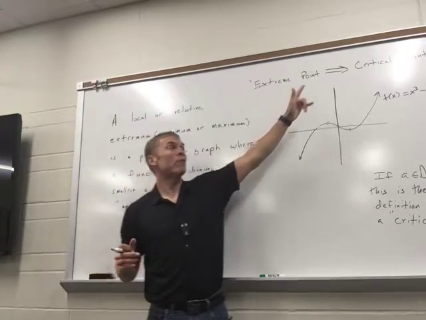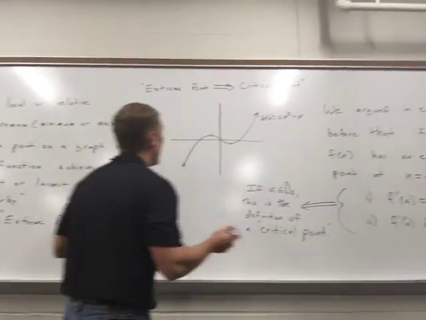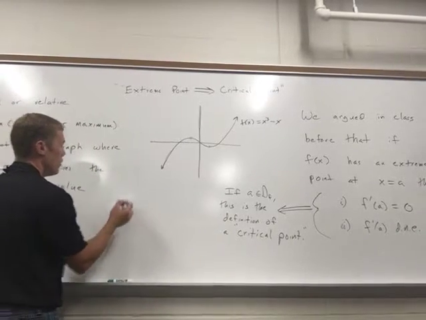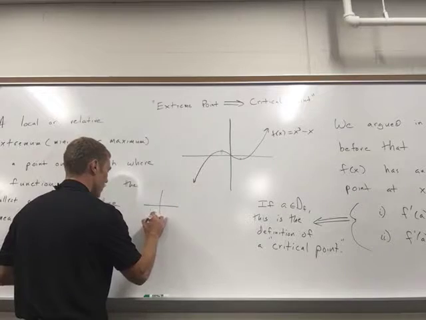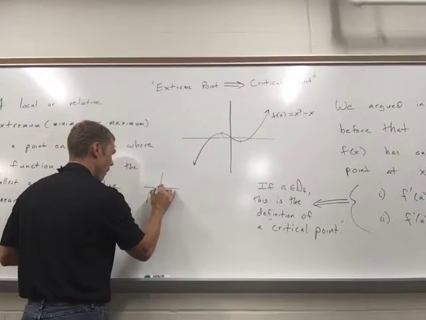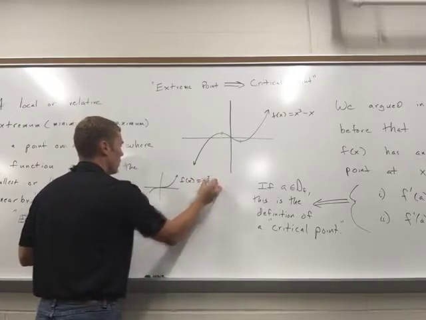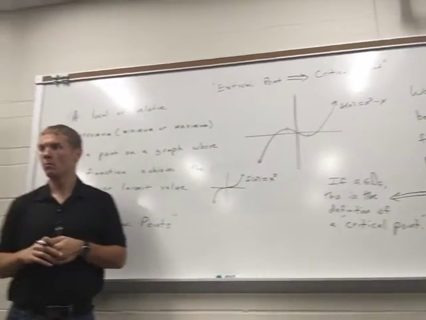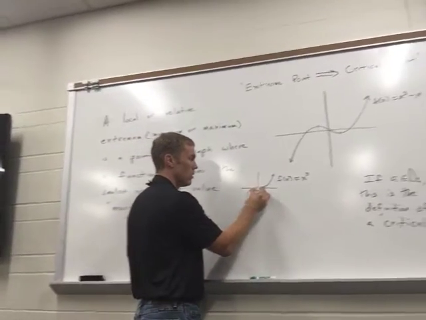We gave examples of critical points which were not extreme. The quick examples of those would be f of x equals x cubed, where we saw this last time, it is critical at the origin.